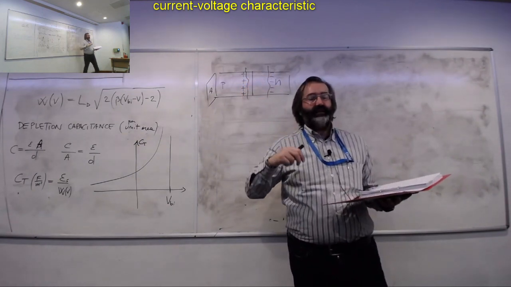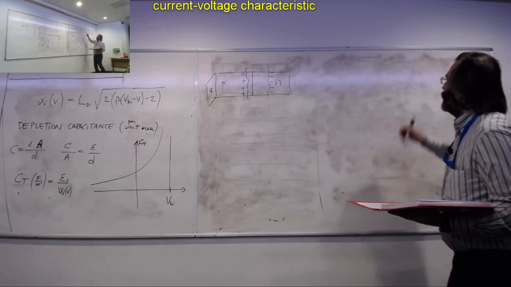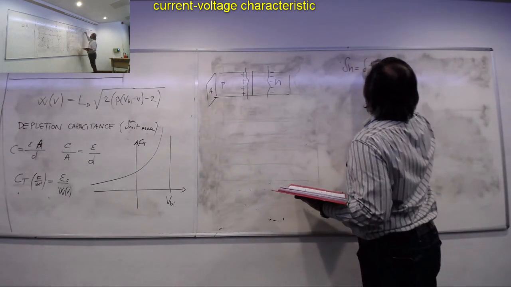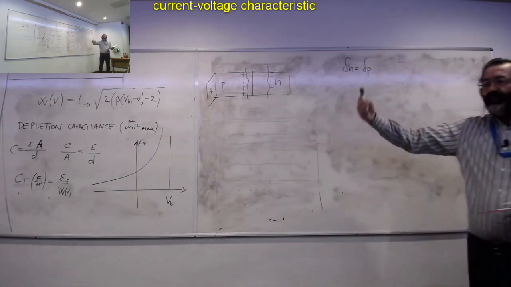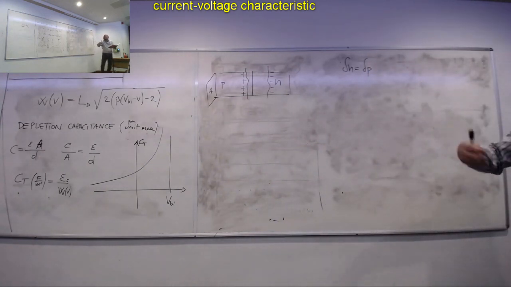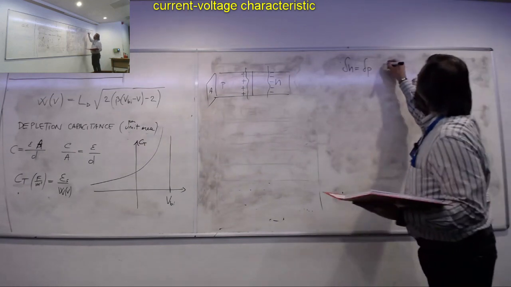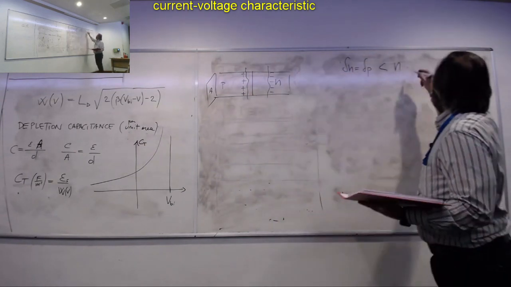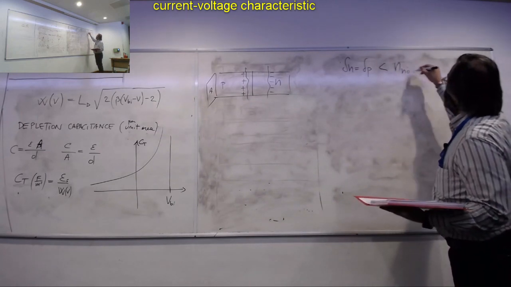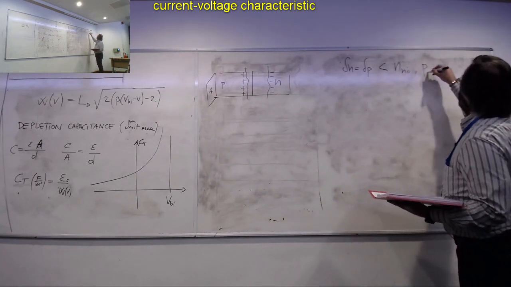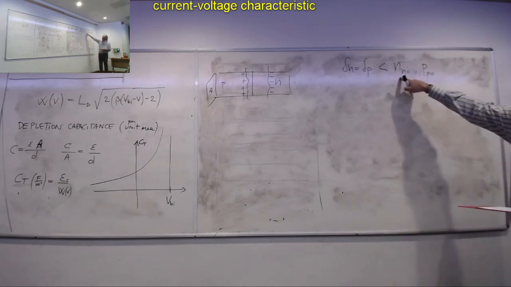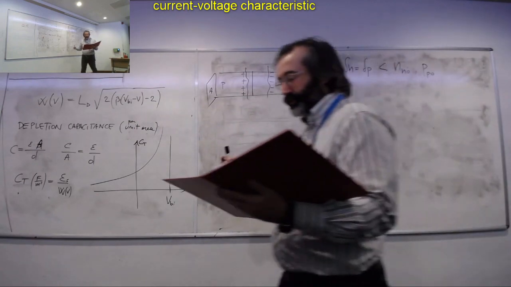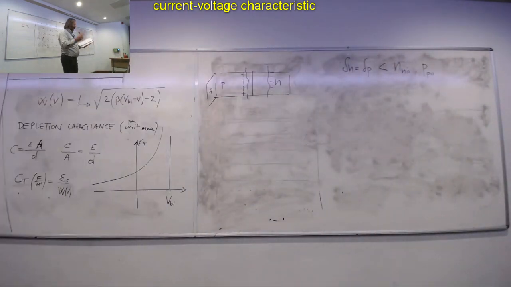We can quantify that by saying that delta n, which is equal to delta p, the amount of carriers causing the non-equilibrium situation, is smaller than the majority carriers, either on this side or that side, so n n0 or p p0. These are the majority carriers. This is the low-level injection condition that we will assume.